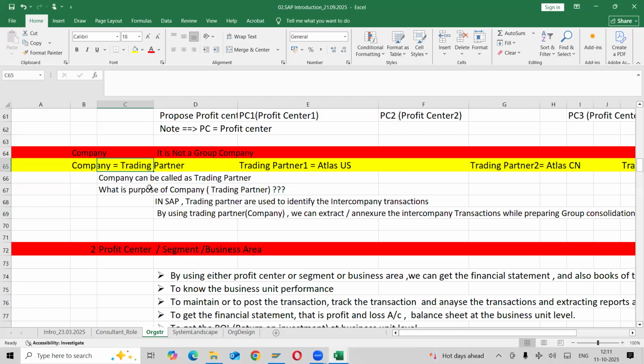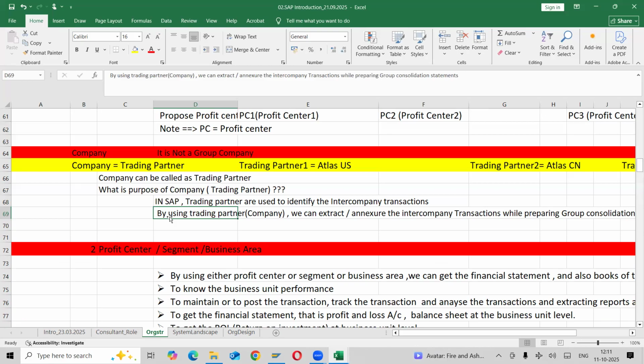What is the purpose of a trading partner? In SAP, a trading partner is to identify intercompany transactions. What is the use of company? For consolidation purposes and to identify intercompany transactions by using the trading partner. So don't use the term company.